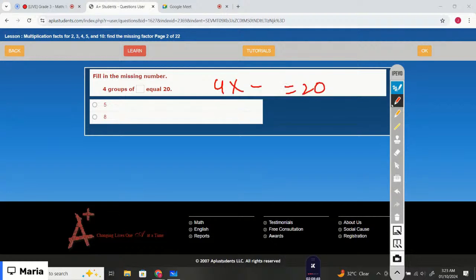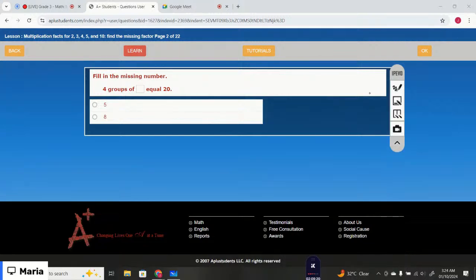So which is the correct option? 4 times what number is 20? That is 4 times 5 is 20. You need to count the table of 4 until 20. So 4 times 5 is 20. Yes, very good. Option number 1 is the correct option.